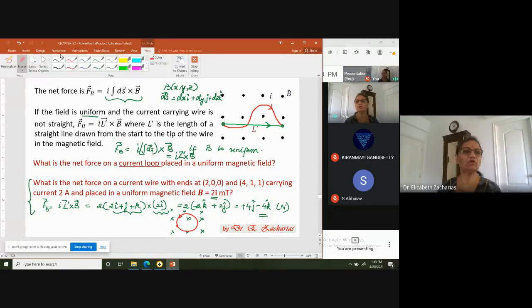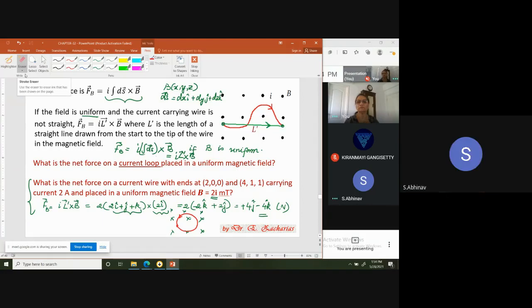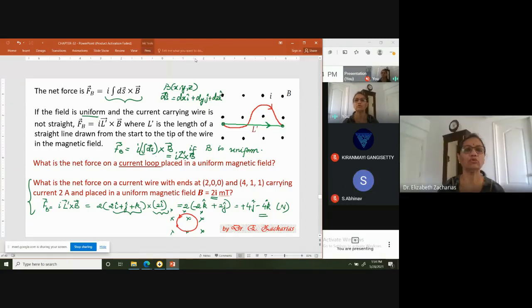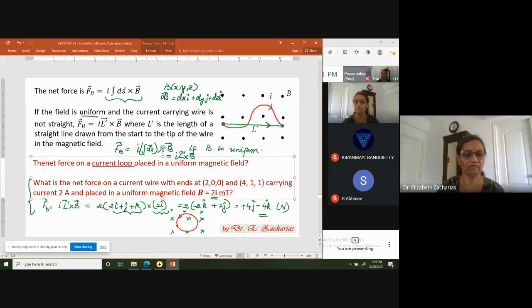How much? 0. Experiences 0 force. I'll write the answer because there will be some people who don't even want to think. So the net force on a current loop placed in a uniform magnetic field is 0.